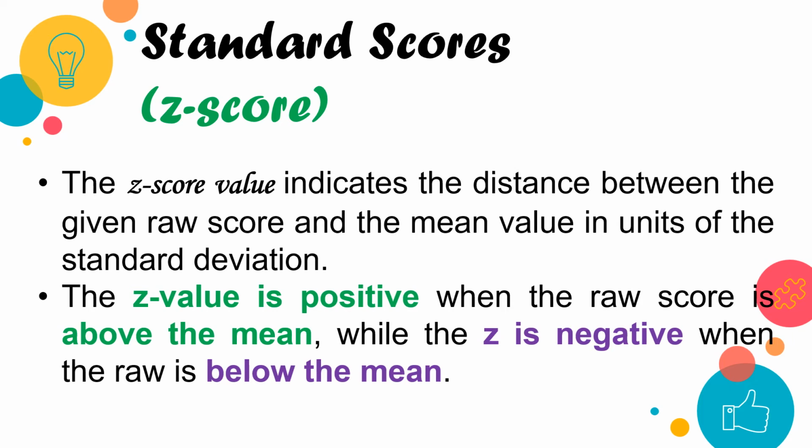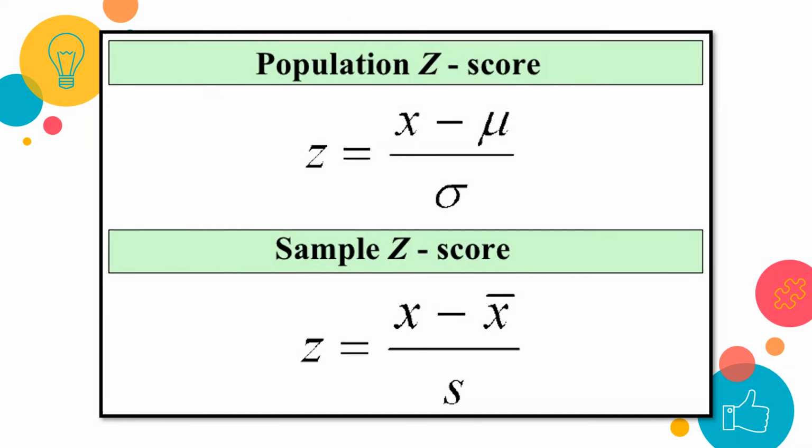Now let's look at the formula of the population z-score and the sample z-score. And of course, everybody, please take note of the different variables for population and sample. There are changes. For the population z-score, we have to get this value, and then the other one is this value.